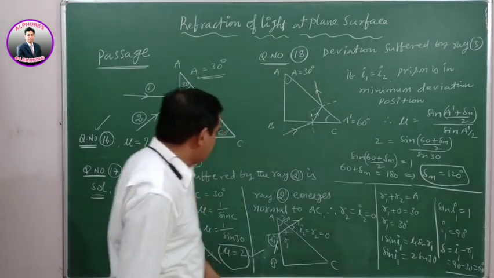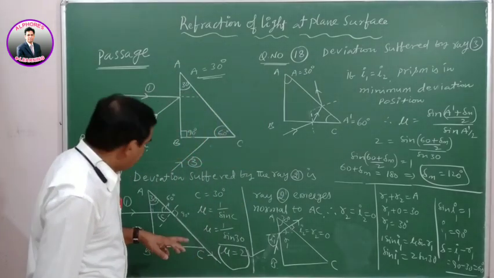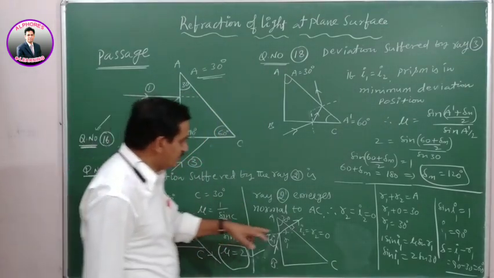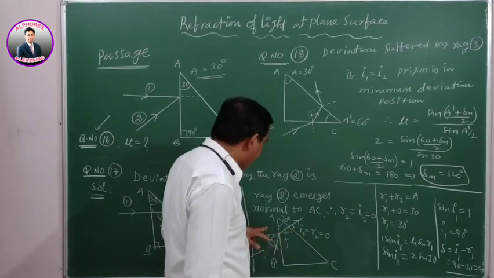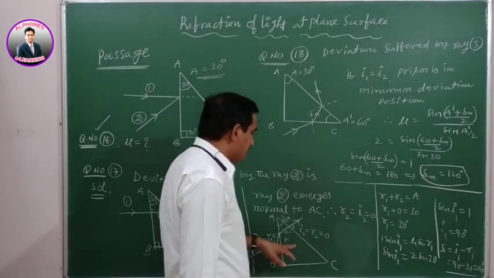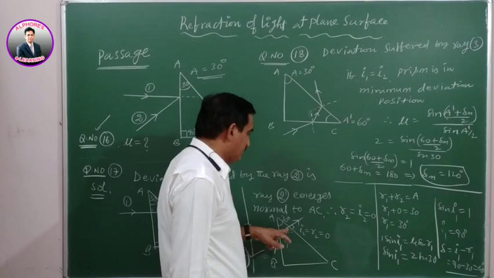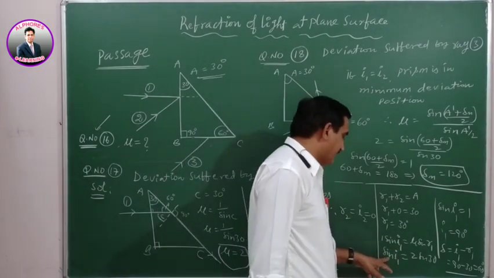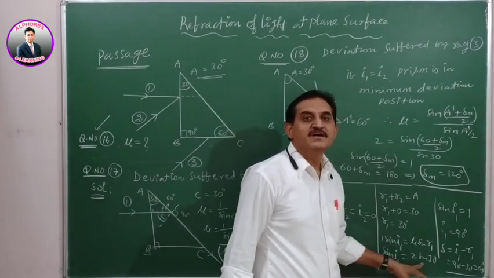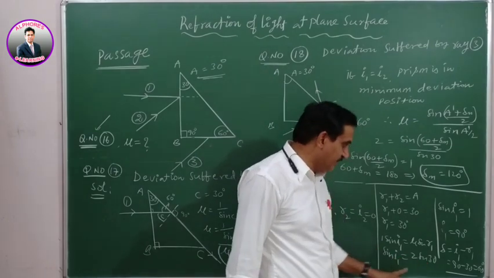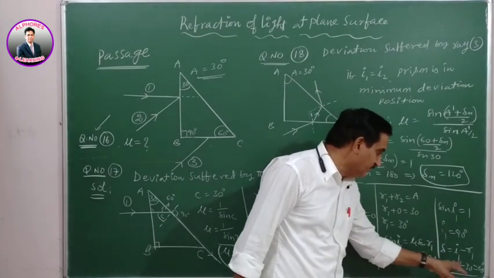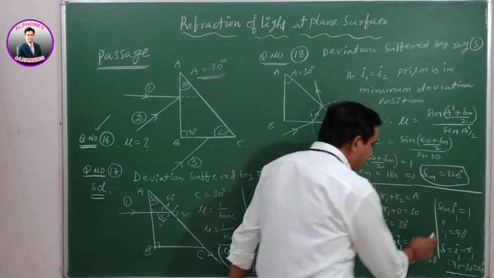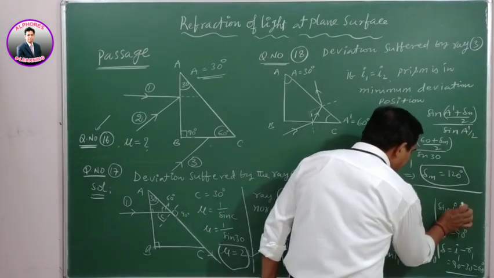Again using Snell's law, the outside refractive index is 1, and sin I1 is equal to mu into sin R1. So sin I1 is equal to 2 sin 30 degree substituted. Then by simplifying you will get I1 is 90 degree.